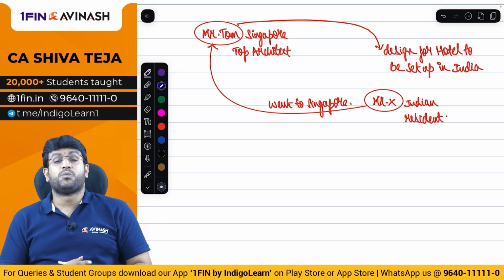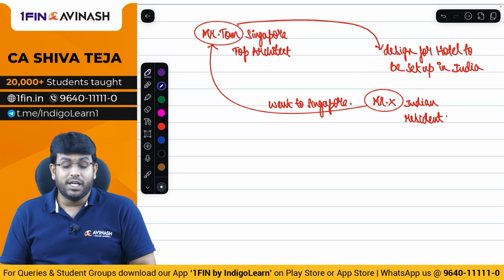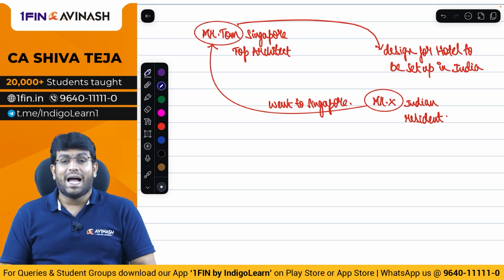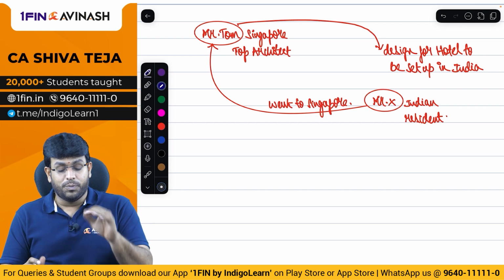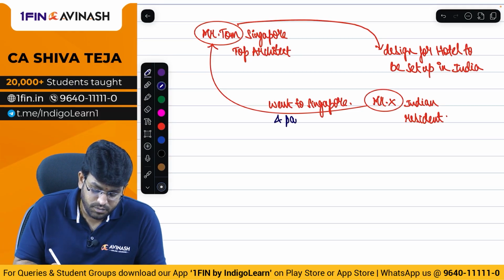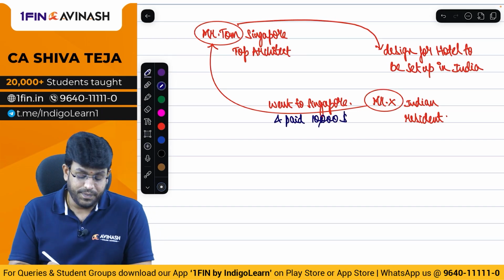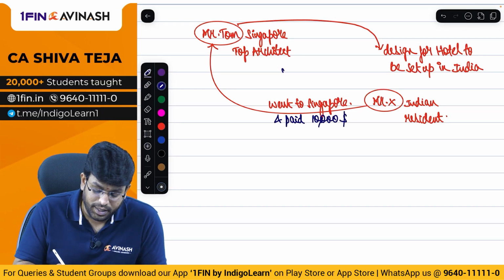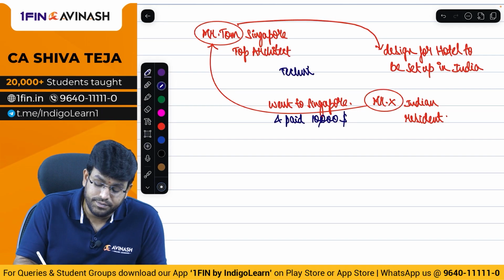Come on, who has contacted whom, sir? X, an Indian resident. He went to Singapore to meet Tom and he has taken design for the hotel to be set up in India and paid $10,000.